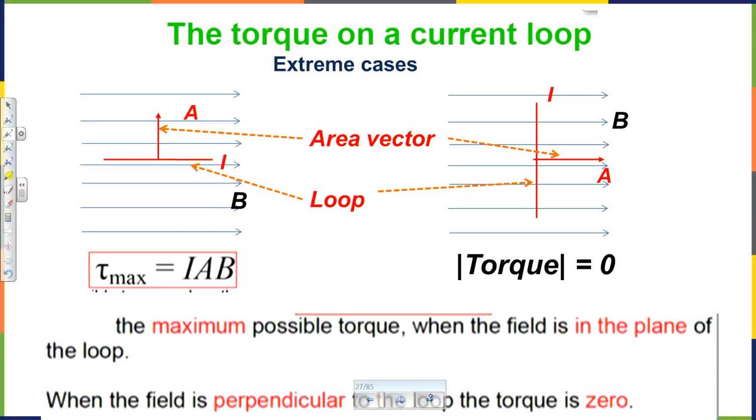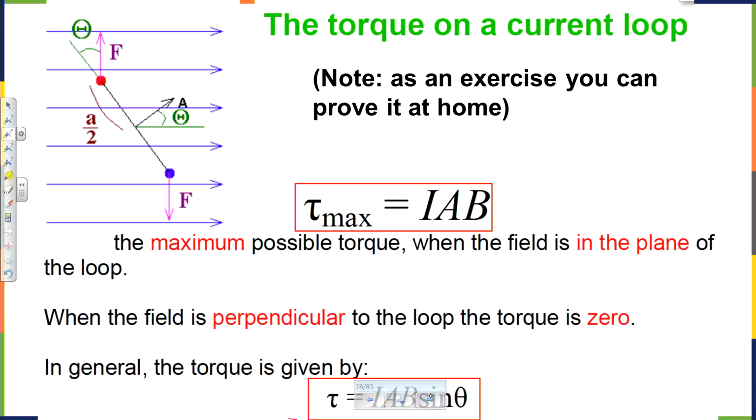And now we can write the general equation for a torque acting from a uniform magnetic field on a single loop. Again, these are extreme situations. And for anything in between, I'm going to reveal you the equation.